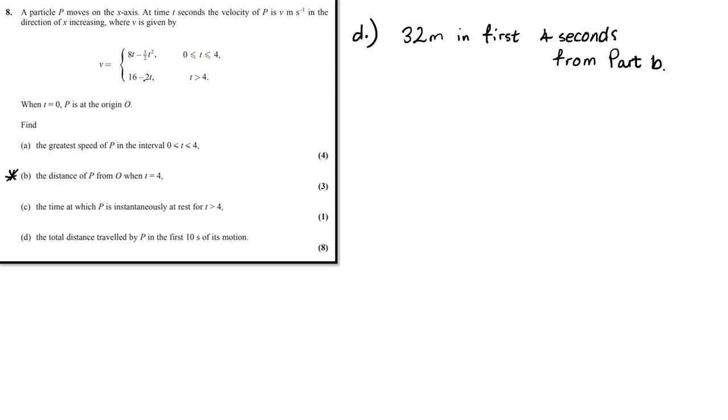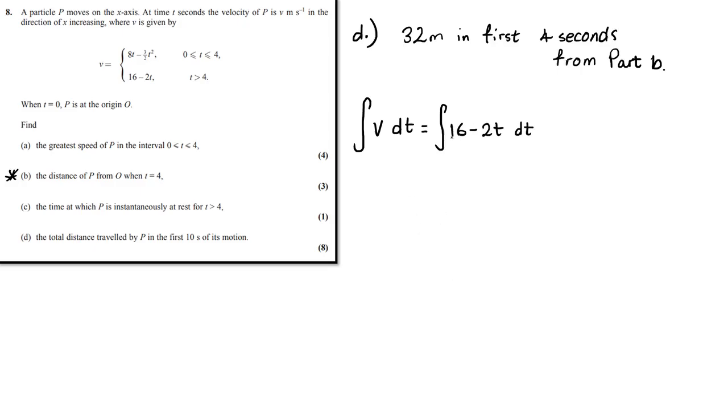So because we're using v here, for t being greater than 4, and we're looking at, again, distance, you should be thinking now that we need s. So we need to integrate again here, integrating v with respect to t. So we now integrate 16 minus 2t with respect to t.